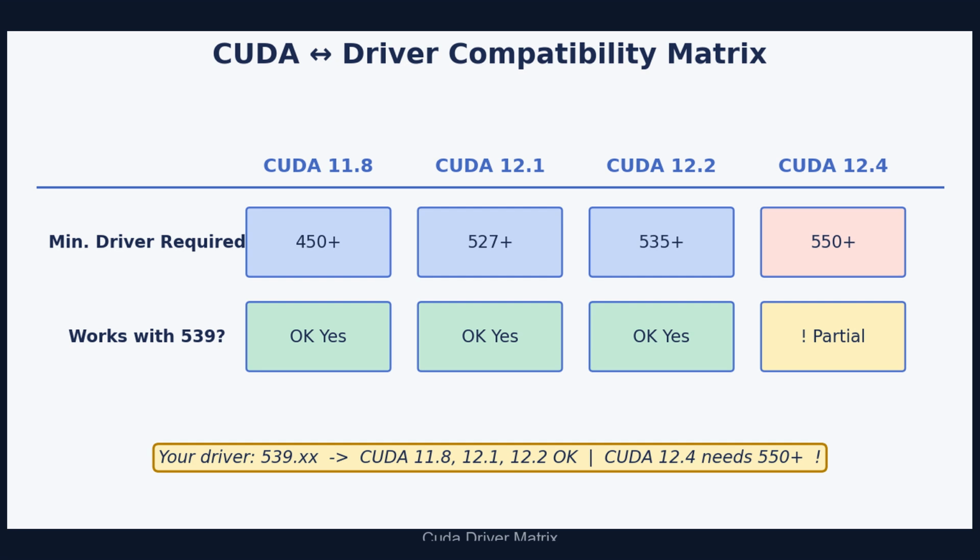The safest target for this course is CUDA 12.1 or 12.2, both of which are fully supported by your current driver. If you want full CUDA 12.4 support, you'd need to upgrade to driver 550 or higher. For our purposes, 539 with CUDA 12.1 is the reliable choice.